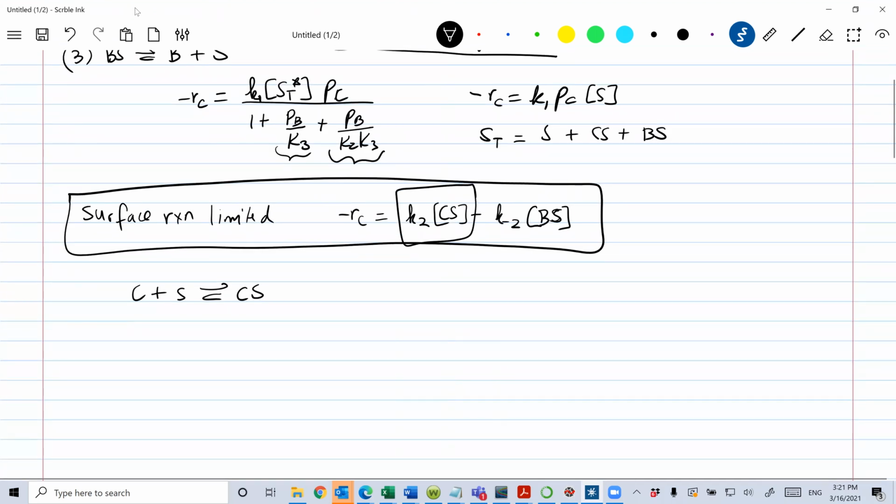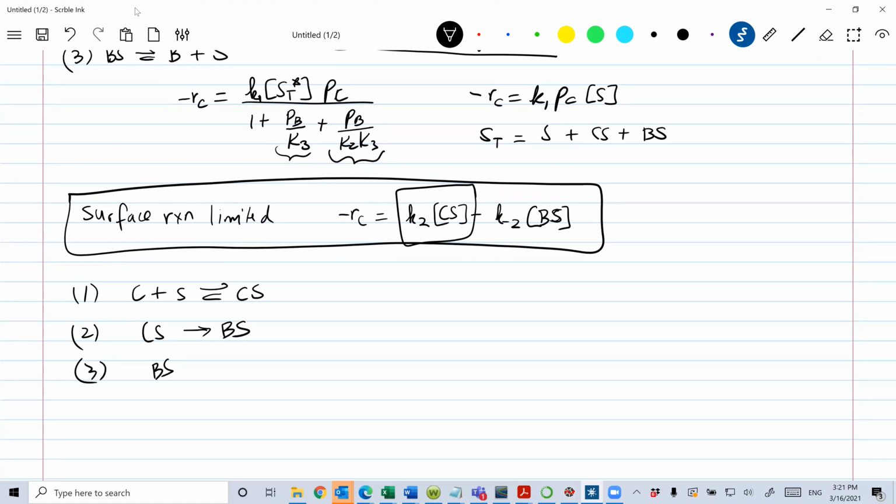Okay, now this is your adsorption. Let's say your surface reaction is irreversible. So this is what you get, and this is your rate limiting step. So your minus RC is just K2 CS. And then you can use equilibrium in the first reaction, because the first reaction has to be in equilibrium if the second reaction is rate limiting.